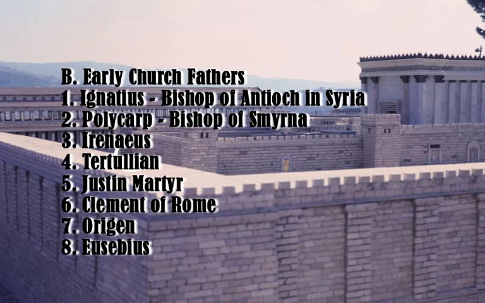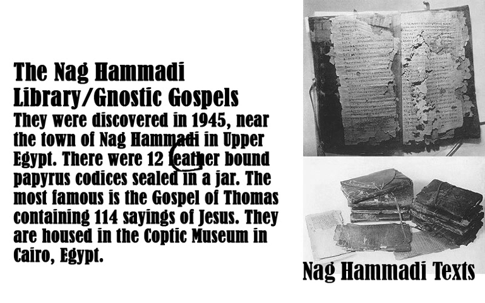The key early church fathers were Ignatius, who was the bishop of Antioch in Syria, Polycarp, the bishop at Smyrna, Irenaeus, Tertullian, Justin Martyr, Clement of Rome, Origen, and Eusebius. All these wrote and were key church fathers in the early church.